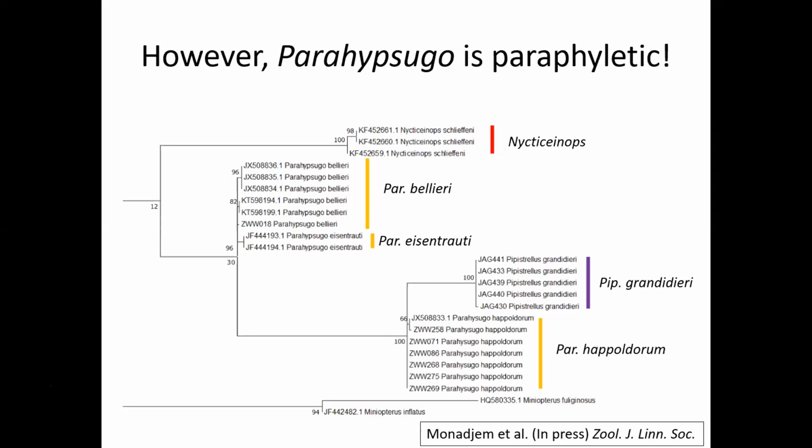You can see that Parahypsugo sandwiches around Pipistrelle grandidieri, and therefore either Pipistrelle grandidieri is a Parahypsugo, or in fact what the case is that Parahypsugo has an older name, which is the subgenus of Pipistrelle hypsugo, which is Afropipistrelle.